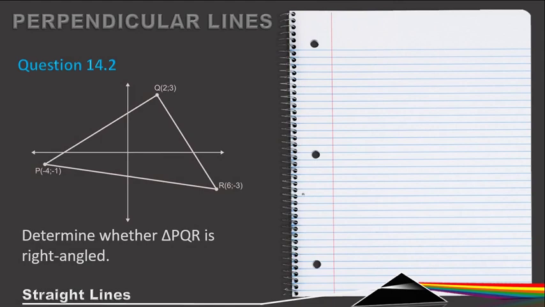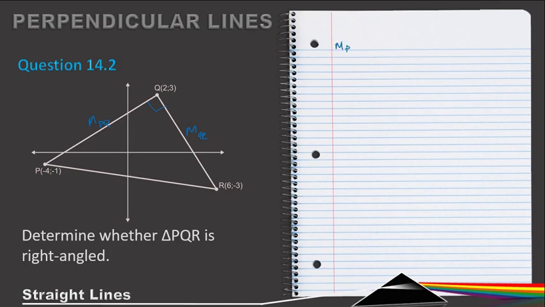Next we have question 14.2, and the angle that we need to determine whether it's a 90-degree angle. If we want to determine whether triangle PQR is a right-angled triangle, we need to find out whether the gradient of PQ times the gradient of QR would give us -1 when we multiply them together. So to do that, we need to find the gradient.